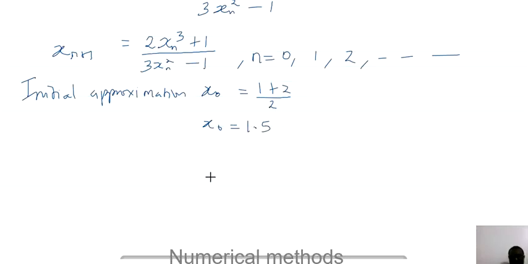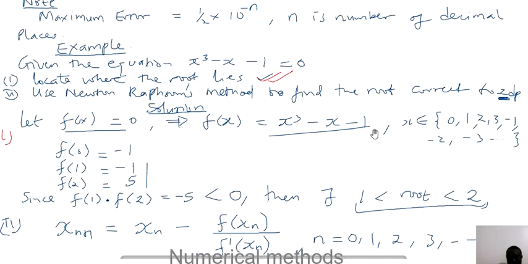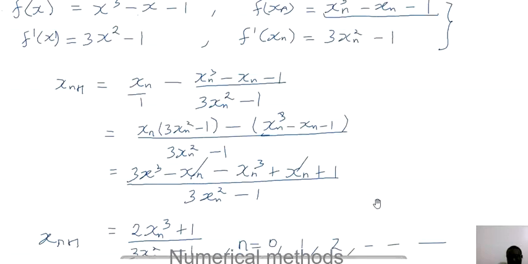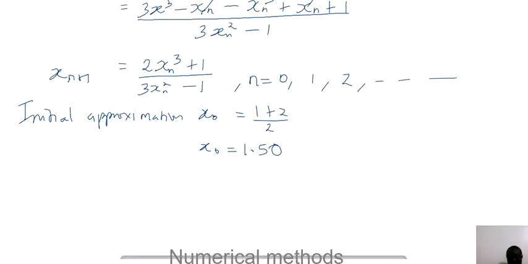Remember, we are supposed to find the root to 2 decimal places. This is our initial approximation. Remember, also they gave us that it should be to 2 decimal places. I underlined this, showing you that it's very important. Now, this is going to determine the maximum error that we shall be having. So it is very important also to have it here. So we need to first of all include it here also.